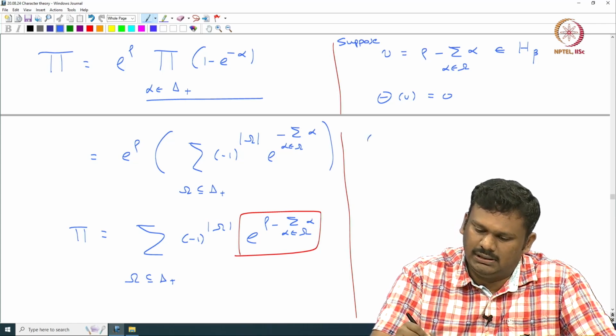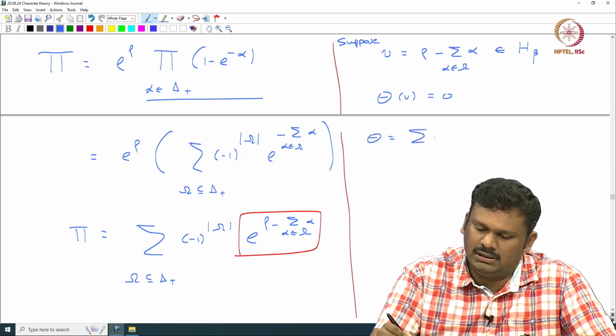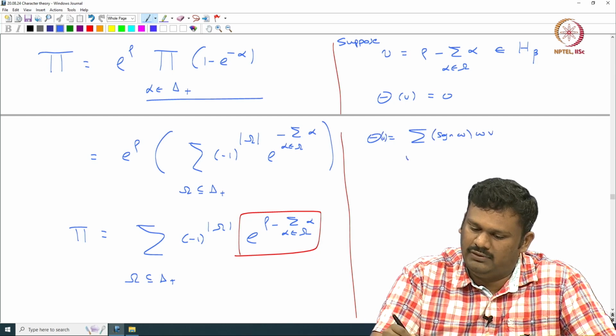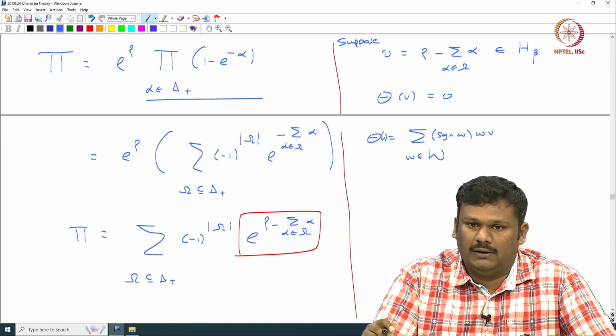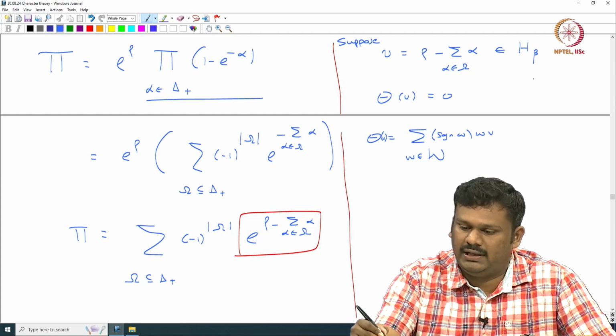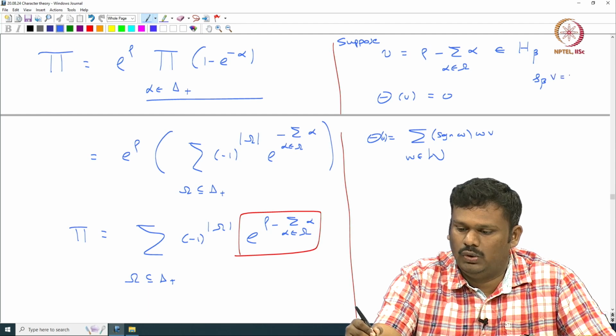because what is theta? Theta is nothing but summation sign of w times w. So, theta of v is going to be sum of w v, where w comes from W, but v is going to lie inside H beta. So, if I take the corresponding reflection, then s beta of v is going to be v.